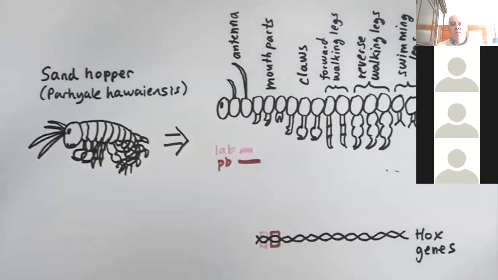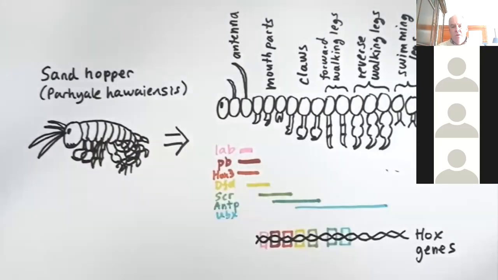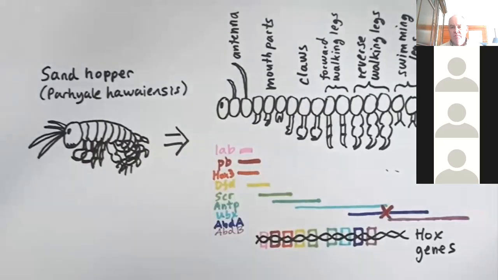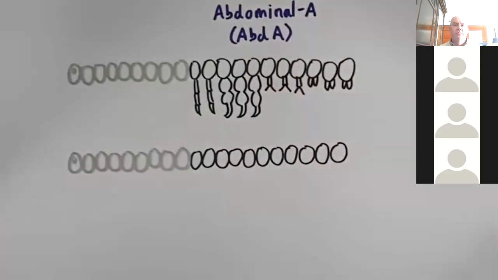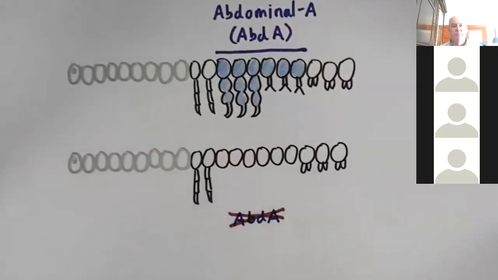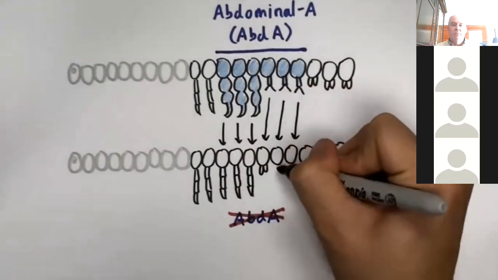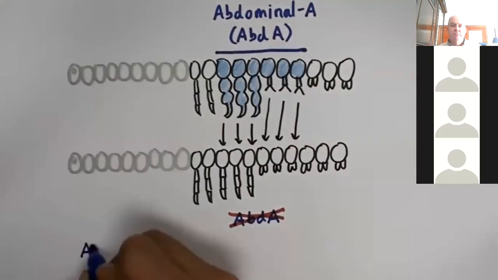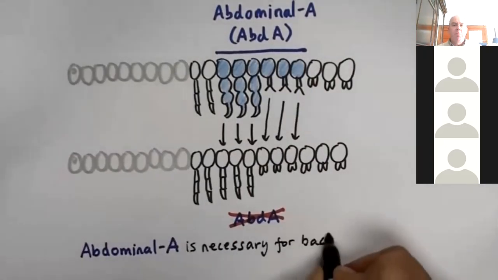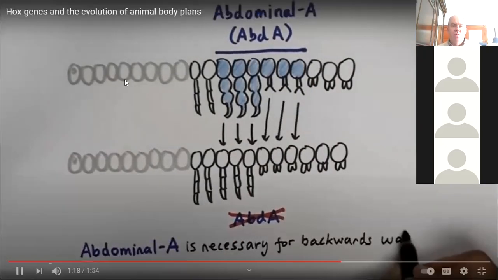By examining Hox genes in crustaceans, we can understand how these genes have changed to produce new body plans. In particular, our lab focuses on the sandhopper. Let's stretch out the sandhopper body plan so we can see each segment. The sandhopper has antennae, many mouth parts, claws, forward walking legs, reverse walking legs, swimming legs, and anchoring legs. First, we figured out where each of the Hox genes is turned on. Then we deleted each of these Hox genes to see how this would affect the animal's body plan. For example, if you delete the Hox gene called abdominal A, the animal's backwards walking legs turn into forward walking legs, and the animal's swimming legs turn into anchoring legs. This means that abdominal A is necessary for making backwards walking legs and swimming legs.